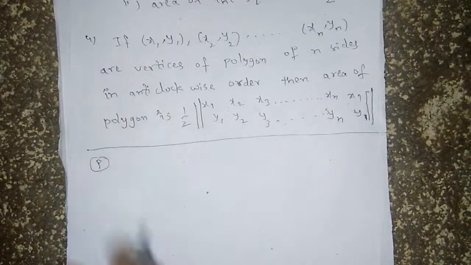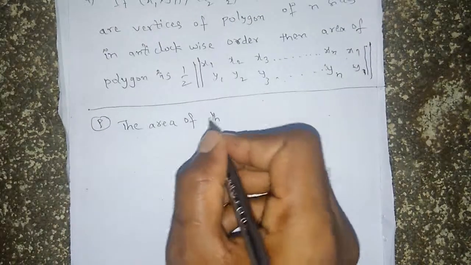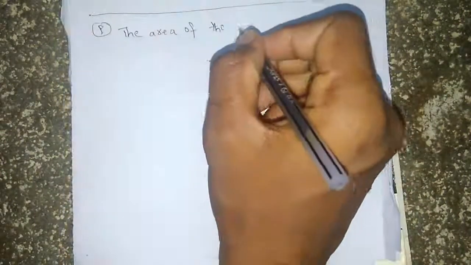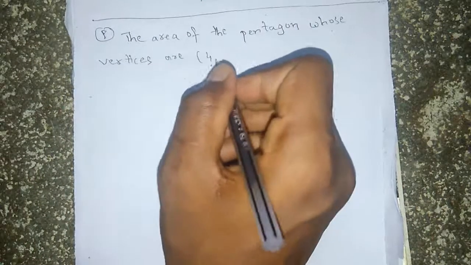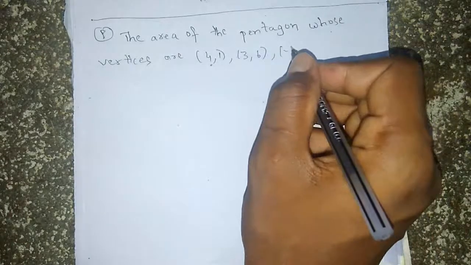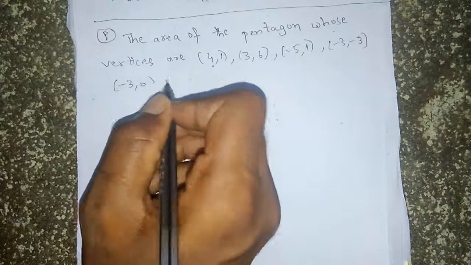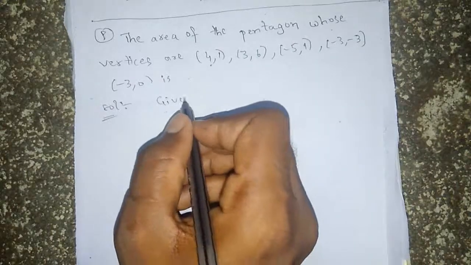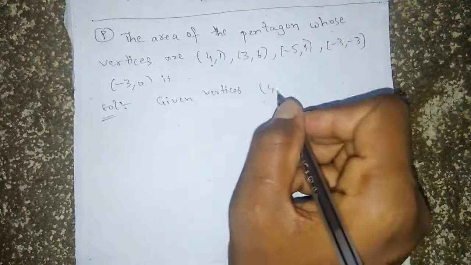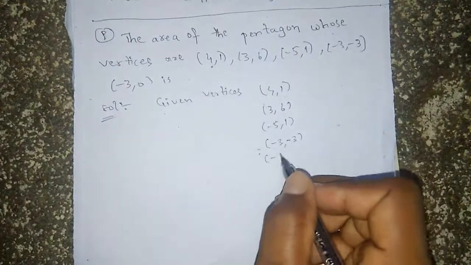Let us do an example problem. The area of the pentagon whose vertices are 4, 1, 3, 6, -5, 1, -3, -3, -3, 0 is... given vertices 4, 1, 3, 6, -5, 1, -3, -3, -3, 0.